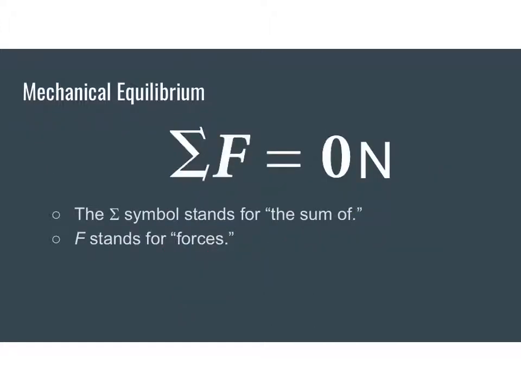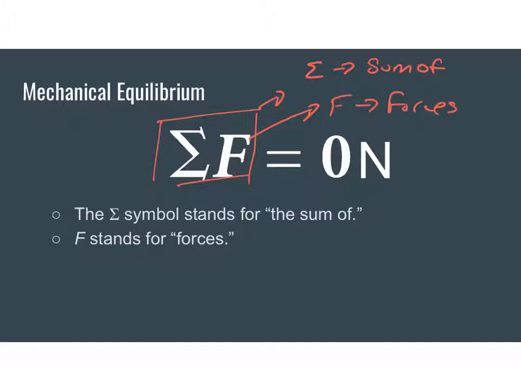Mathematically, mechanical equilibrium looks like this. Let's break this down. Sigma, from math class, means the sum of. F is your forces. 0 means 0, and N is our symbol for the unit Newton.